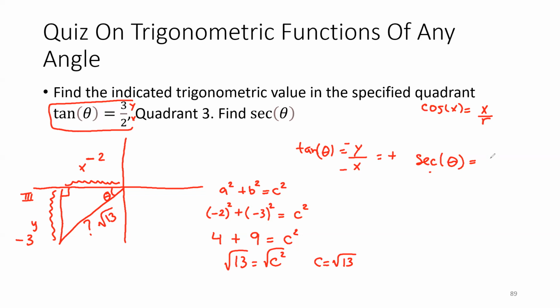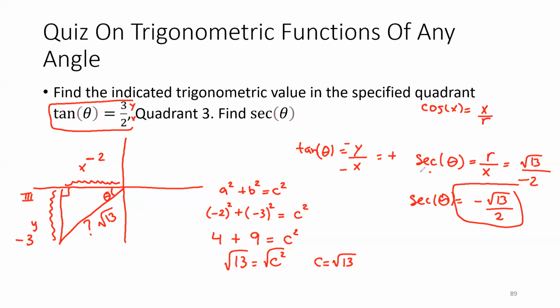So secant is the reciprocal of that, which is radius over x. I think that's a lot easier. Our radius, or the hypotenuse, is the square root of 13, and our x coordinate is -2. So secant theta is negative radical 13 over 2.